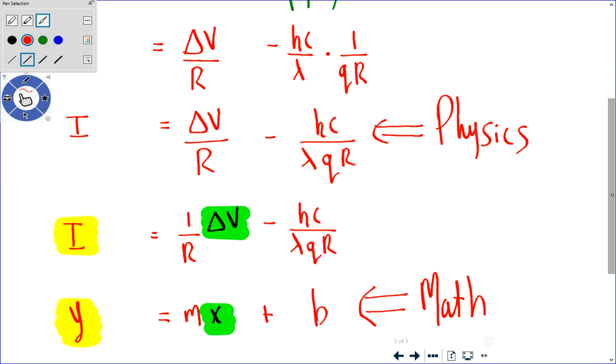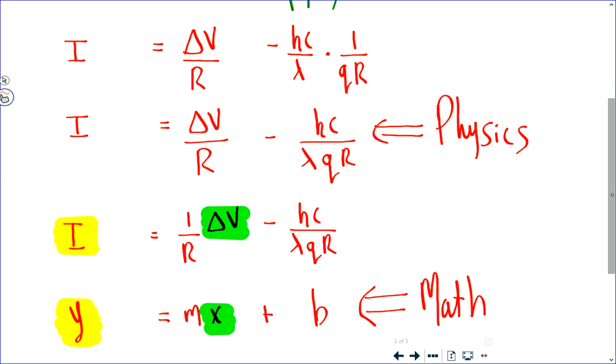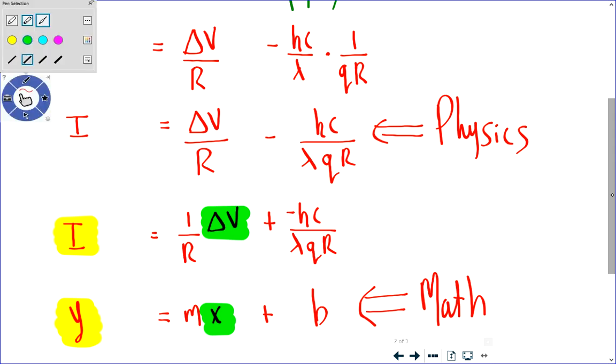I have I equals 1 over r multiplied by potential difference, and then I have minus hc over lambda qr. I am going to change that minus hc over lambda qr to plus a negative. That way, both the physical equation and the mathematical equation have plus something at the end. So now we can finish our comparison.